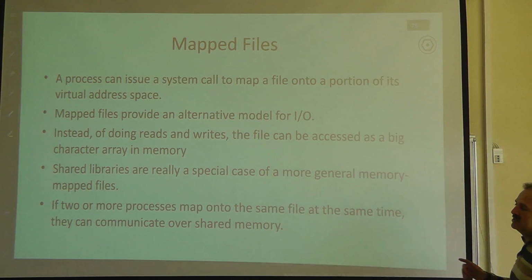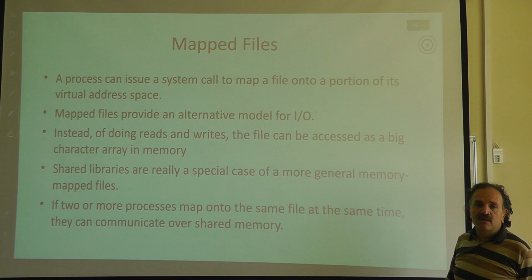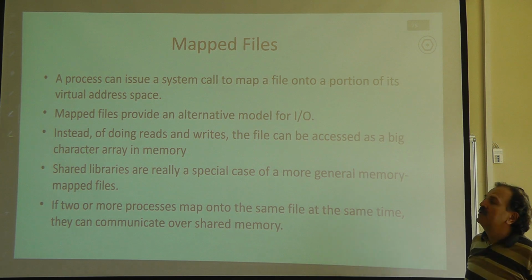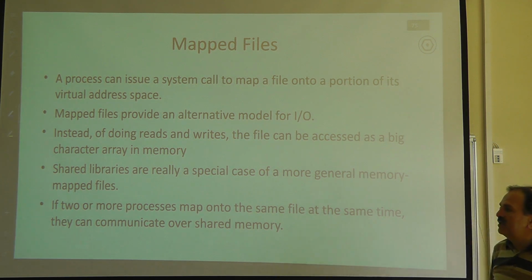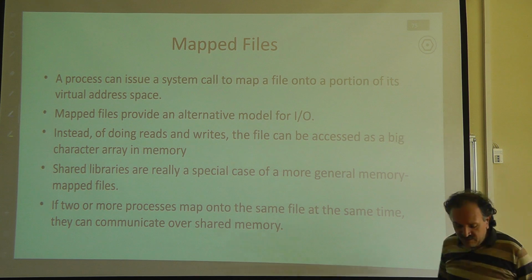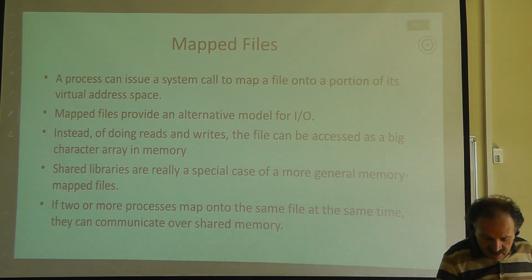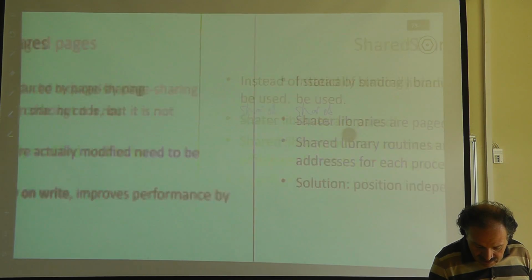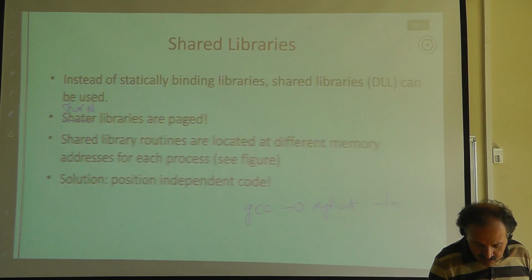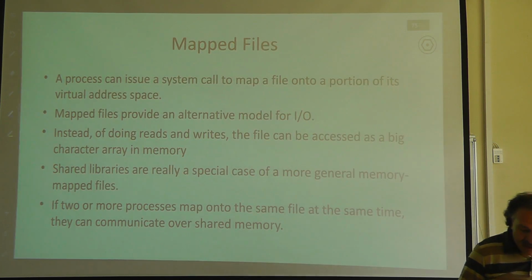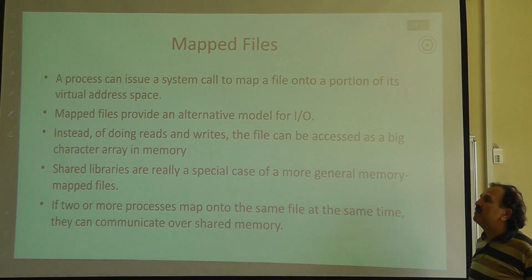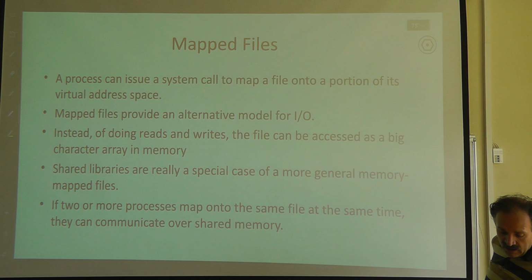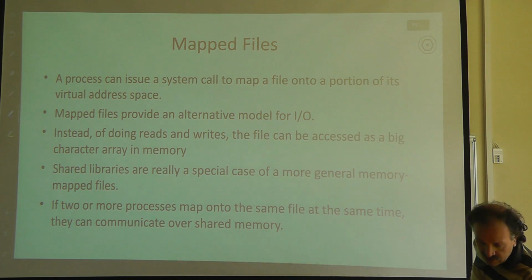But if they are sharing some part of the memory, mapped file memory, that means they are sharing data in a very efficient and fast way. So mapped files, shared libraries, and shared pages are all related, and they are a consequence of this paging technique, which is, as I said, very important and efficient.